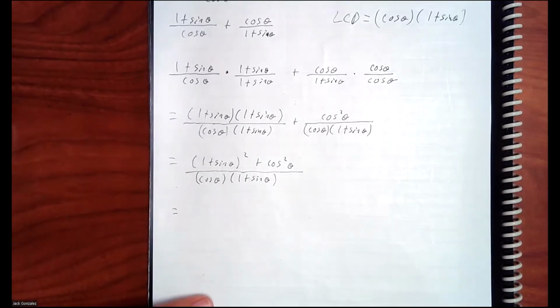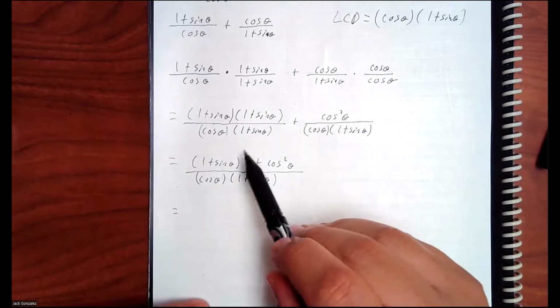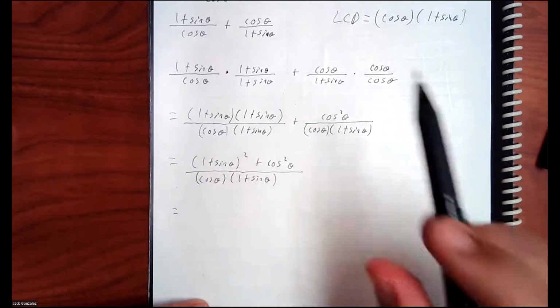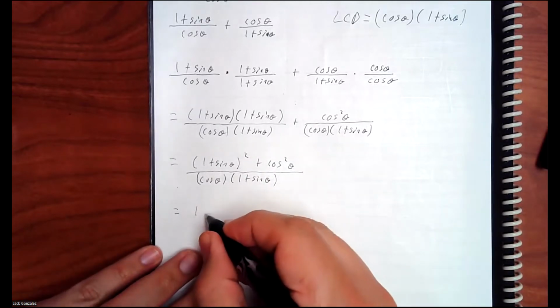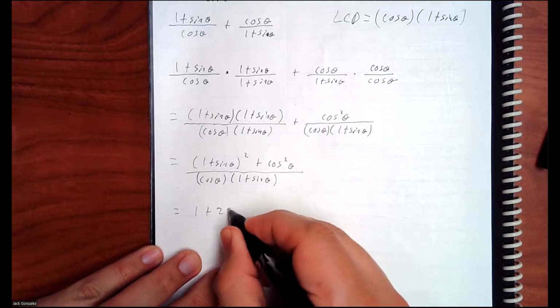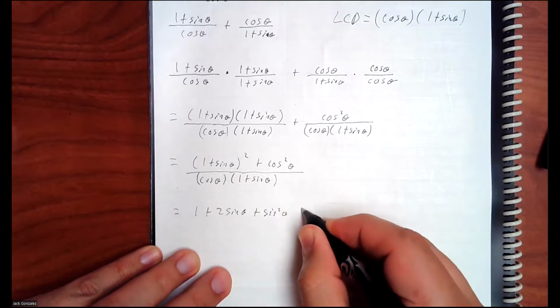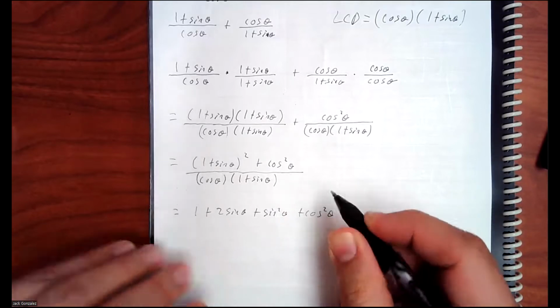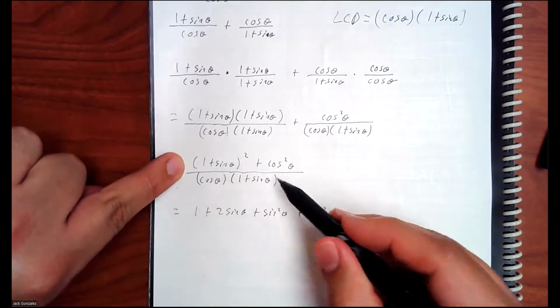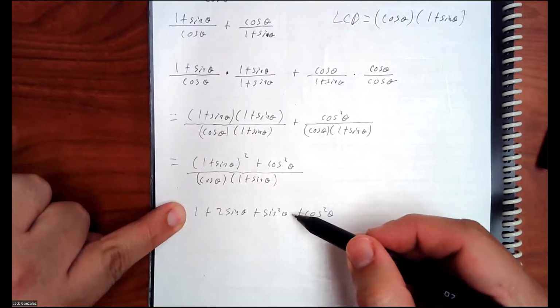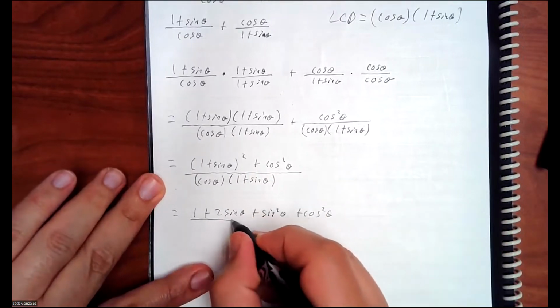So now that we're here, multiply this out, and you're going to get 1 plus 2 sine plus sine squared plus cosine squared. So this right here multiplies out to these three terms. I didn't show the work there, but do you see that?